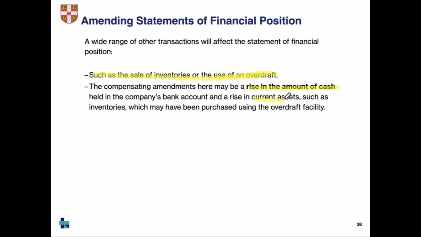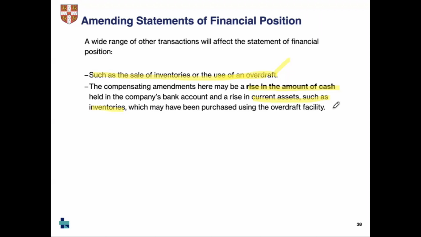Yes, so a rise in current assets such as inventory, which may have been purchased using the overdraft facility. So when we go for an overdraft facility from our bank and use it to purchase inventory, the value of our inventories will go up. The value of our short-term liabilities or our current liabilities will also go up.